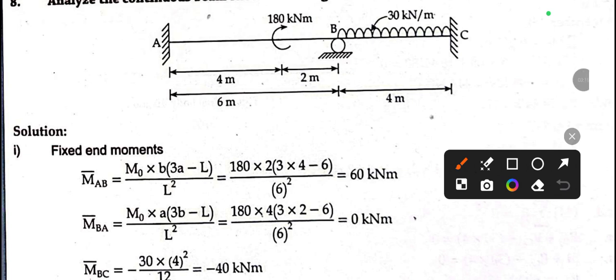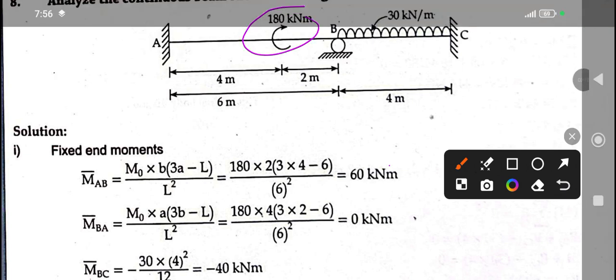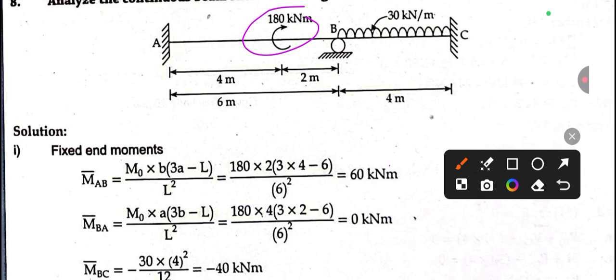If there is any couple applied within a span, then we have the formula M times b(3a minus l) by l square. Look, here is a, where this 180 kilonewton meter couple is applied, and this is b.